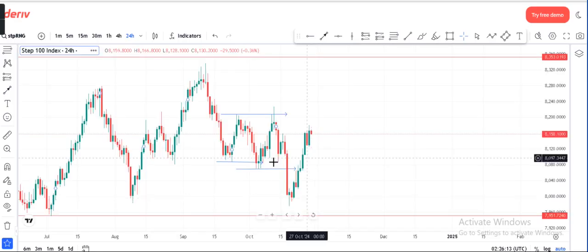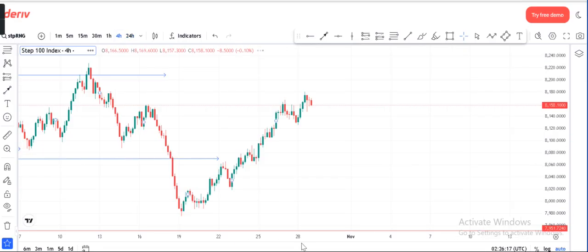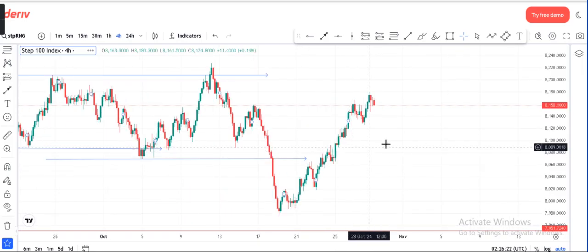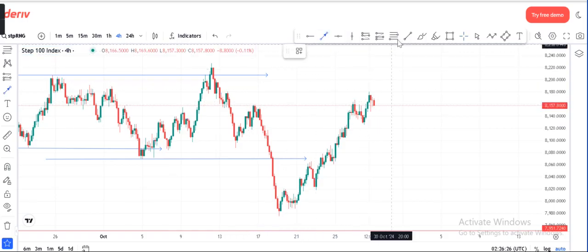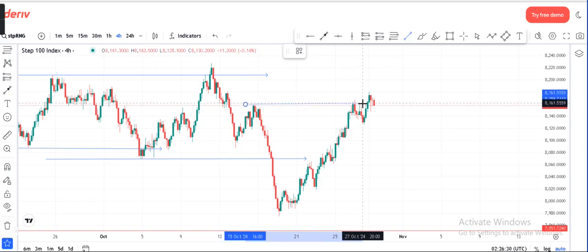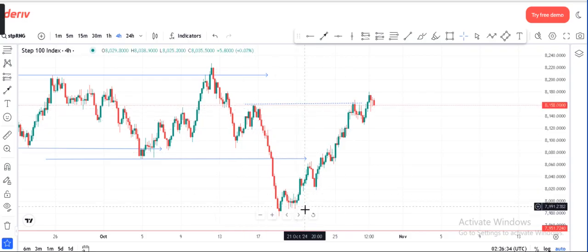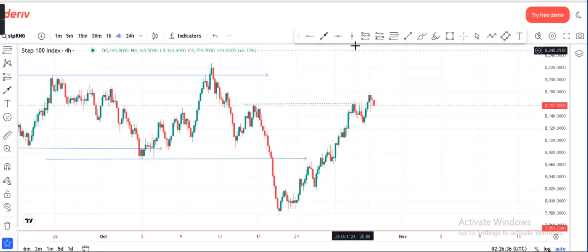That's fine. So now, based on this particular reaction, we can now go to the 4 hours time frame. Now, on the 4 hours time frame, things begin to look interesting. We had this level being taken out, and this is basically our liquidity. We had this level being taken out, market swiped it to the upside.